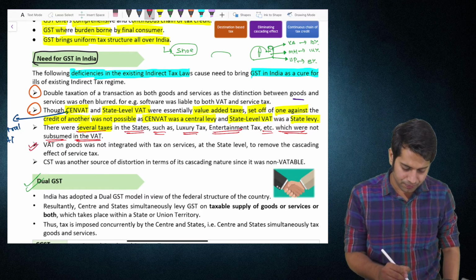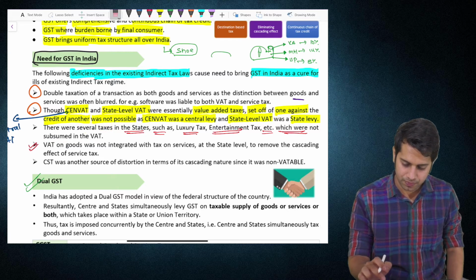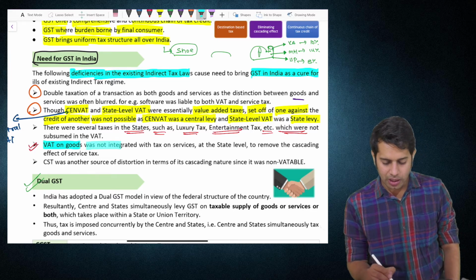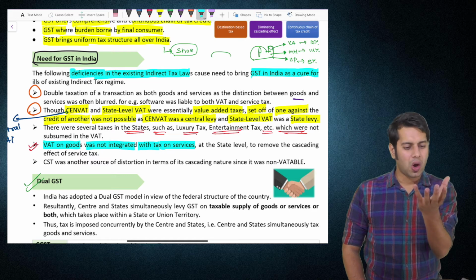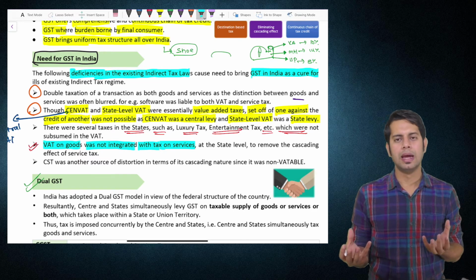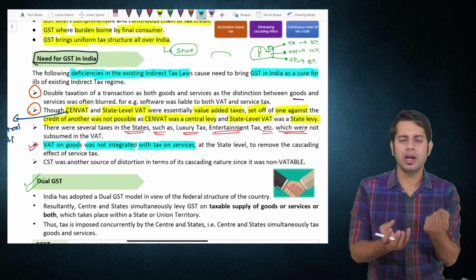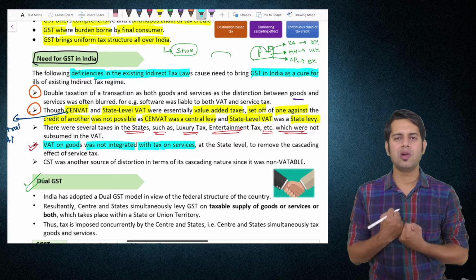Then the next point says what? The VAT on goods was not integrated with the tax on services, meaning on goods you were supposed to pay VAT, on services you were supposed to pay service tax. There was no integration at all. For a single product, why are you paying both service tax and value added tax?